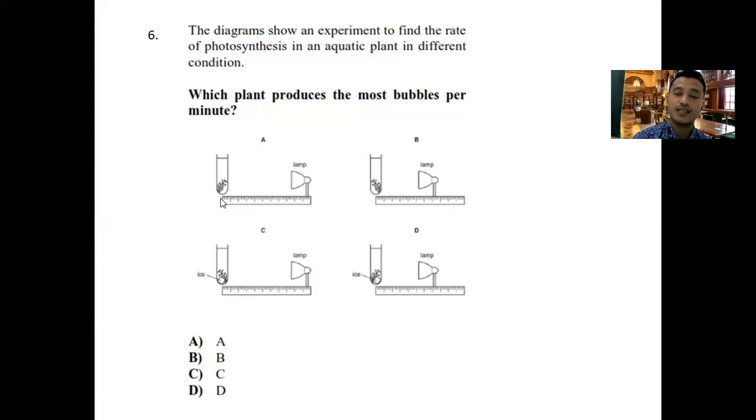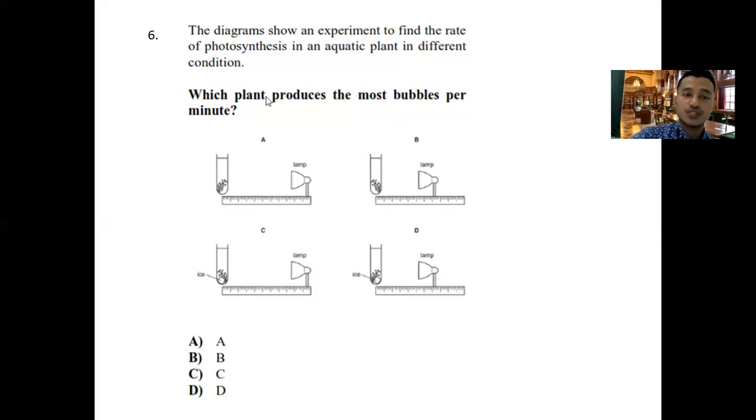Basically, if the distance is too far, the plant doesn't get enough light energy from the lamp, so it must be close. Close would be better. Of labels A, B, C, and D, only B and D have the plant and the light source close enough. So this is perfect for producing bubbles.